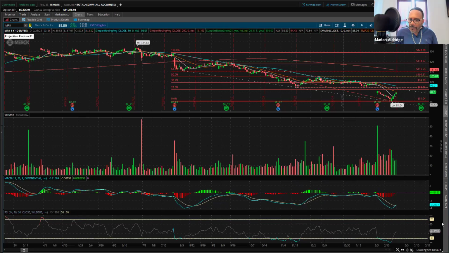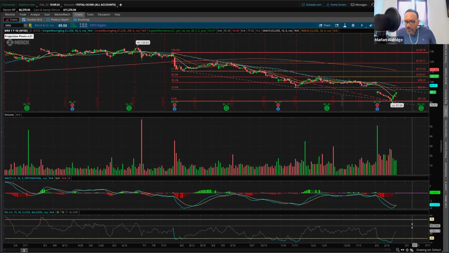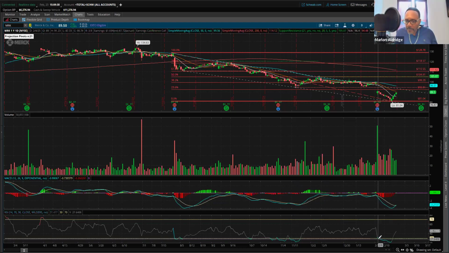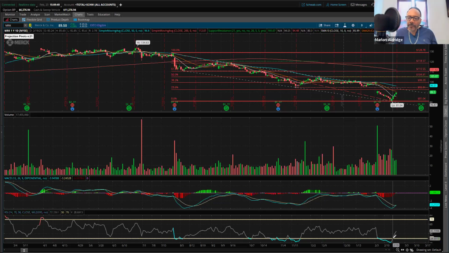Look at my RSI. It's a 45, which is after it was oversold. What day is that? That would have been on February the 14th. Anywhere from February the 4th to February the 19th, it was oversold. Okay, so those would have been great times to buy.